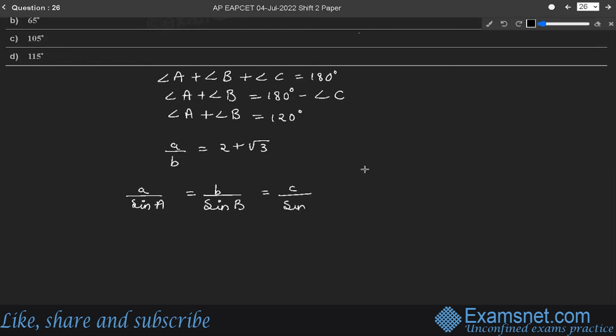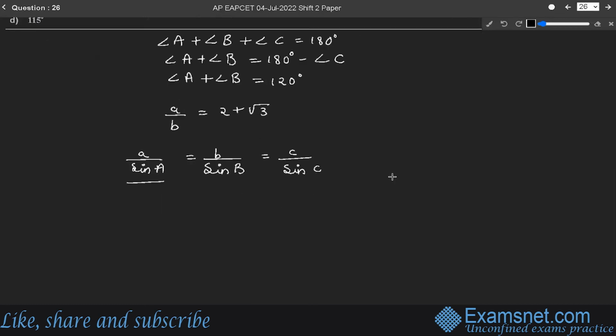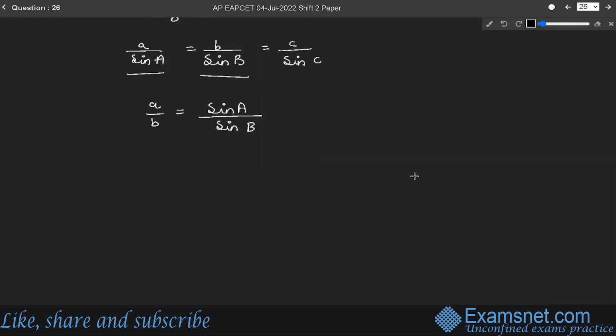by sine C. Now, taking the first term, which is a by sine A, and second term which is b by sine B, from both these terms, a by b will be equal to sine A upon sine B. So a by b is equal to sine A upon sine B. Now what we have to do is we have to subtract 1 in the numerator and we have to add 1 in the denominator.